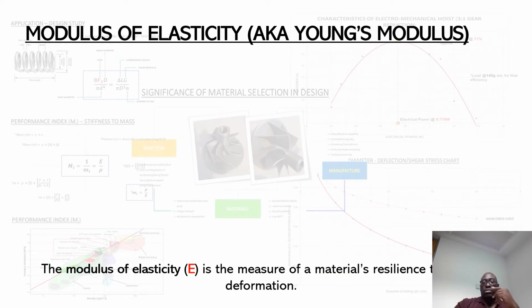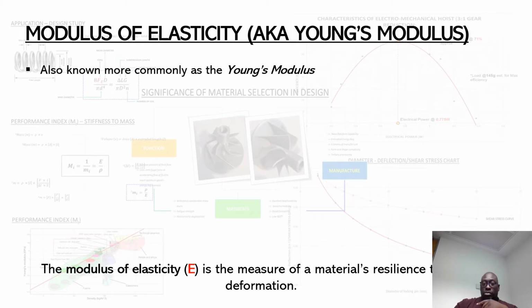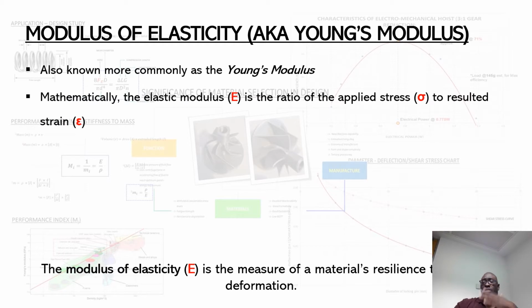Okay, so the elastic modulus, as I define here, is the measure of the material's resilience against deformation. As I've more or less stated, these are terms that are used interchangeably. So the Young's modulus characterizes the elastic modulus or the modulus of elasticity. In terms of engineering science or physics, the elastic modulus or Young's modulus is characterized by the letter capital E. And capital E is simply the ratio of the applied stress to the resultant strain.